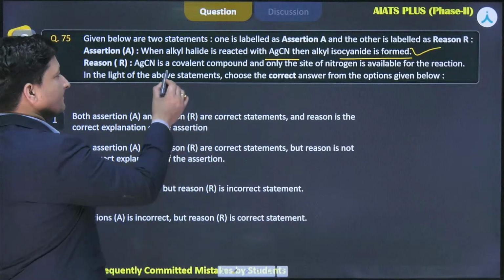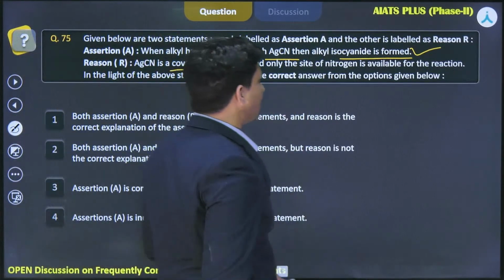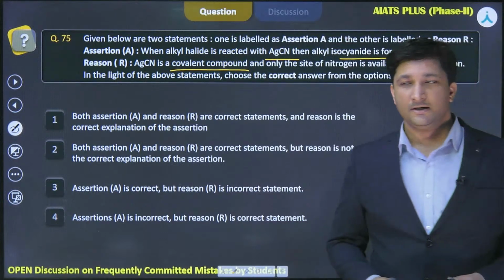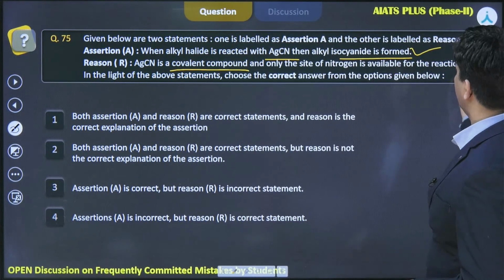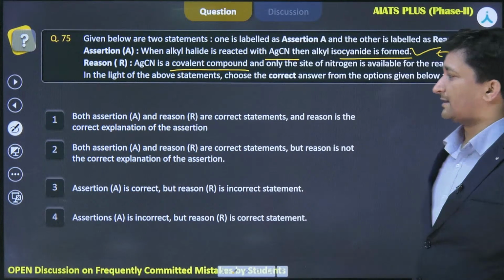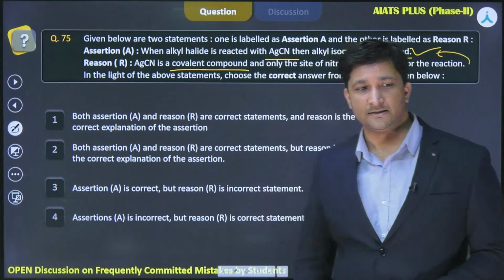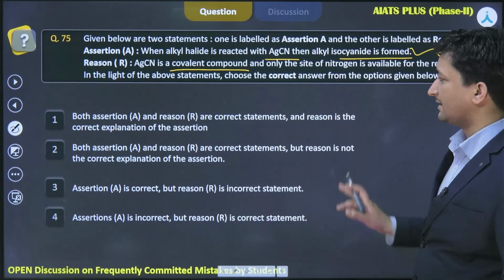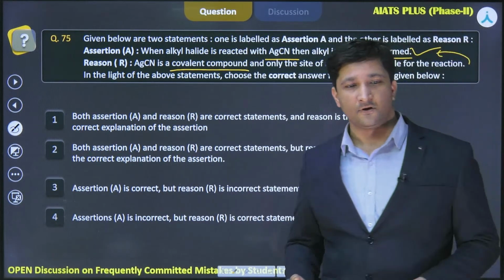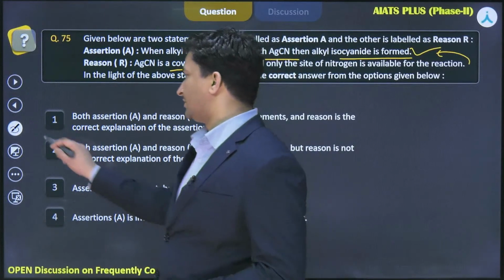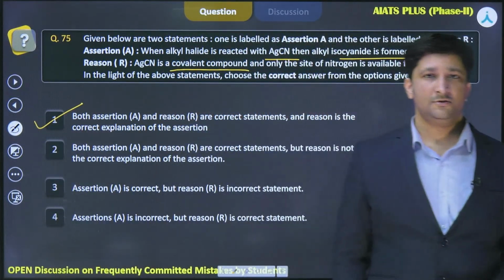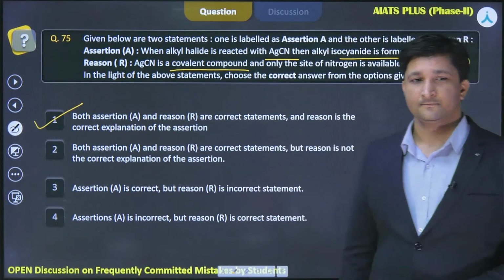AgCN is a covalent compound and only the nitrogen site is available for the reaction. This we have also discussed, and this reason also explains the assertion. So what should be our answer? Both assertion and reason are correct statements, and the reason is the correct explanation for the assertion. So option 1 will be correct here. Anyone having any doubt? You are free to ask.